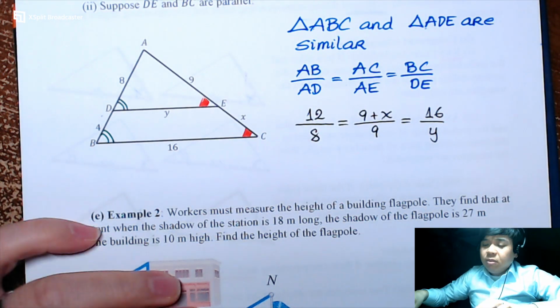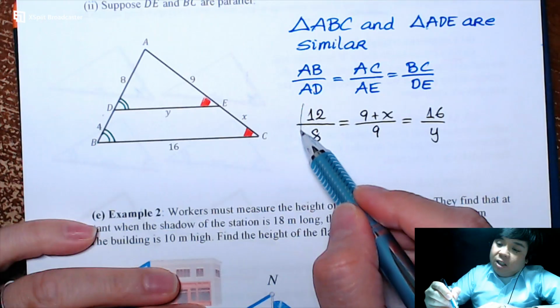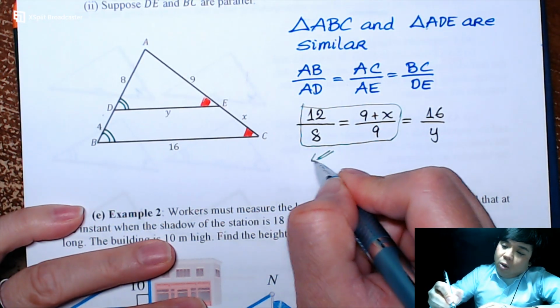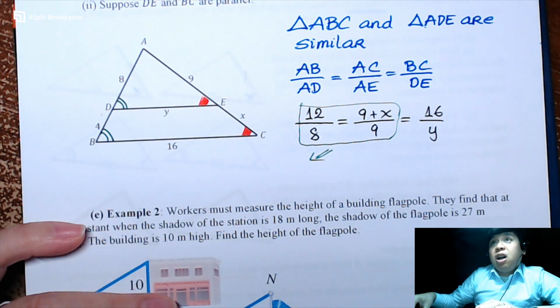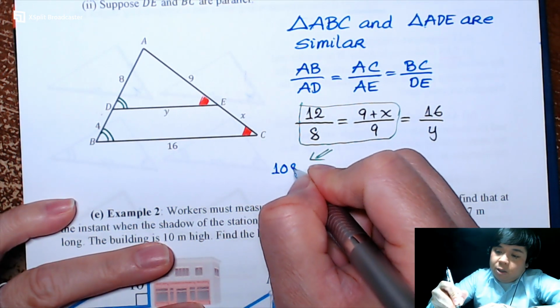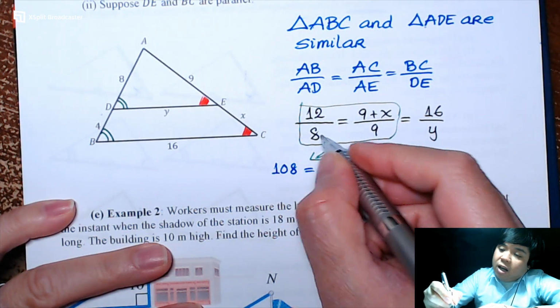Right. Now we can solve for x. Group this and cross multiply, 12 times 9, that's 108, and then 8 times 9 plus x.